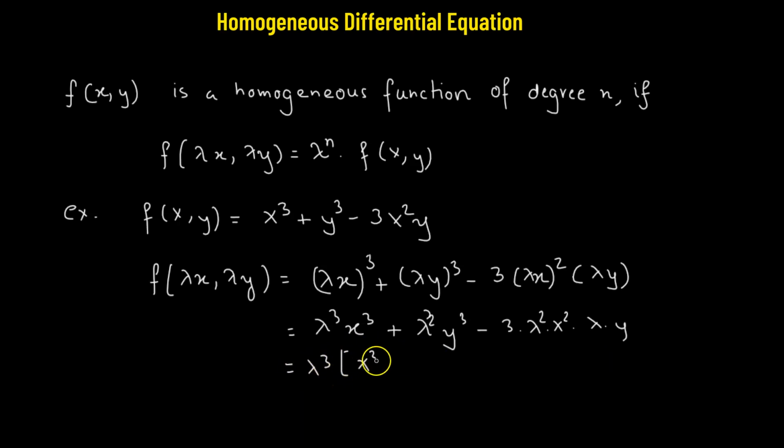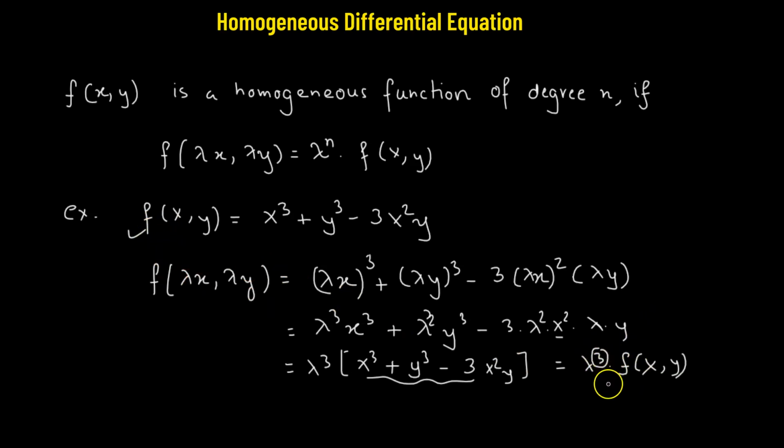So that will be multiplied to x cubed plus y cubed minus 3 x squared times y. And this is our original function. So this is lambda cubed times f of x comma y. So here we see that our function f of x comma y is a homogeneous function of degree 3.